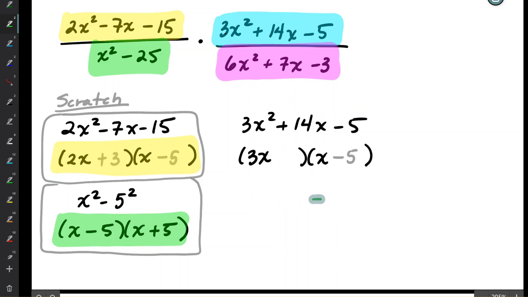We want the 1 to be negative and the 5 to be positive. So we would have 15x minus 1x. Yes, that's my 14x. I'm happy. Okay, so blue is blue.